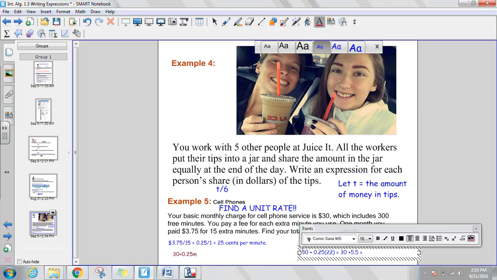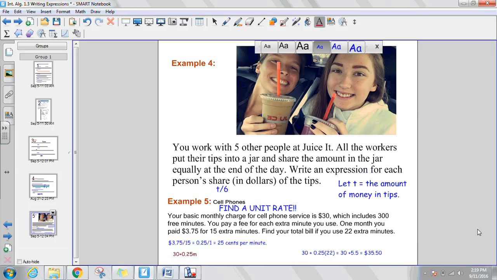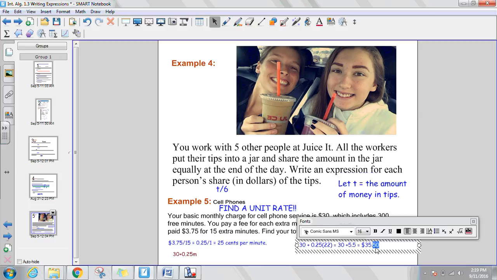And if we add those together, we get 35.5. So our total bill then is going to be, we need to write this in dollars, $35.50. All figured out because we could write a mathematical expression from a verbal model. I'll just highlight that last part so we know that's our answer.